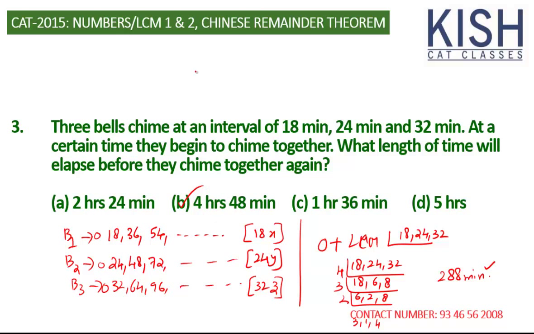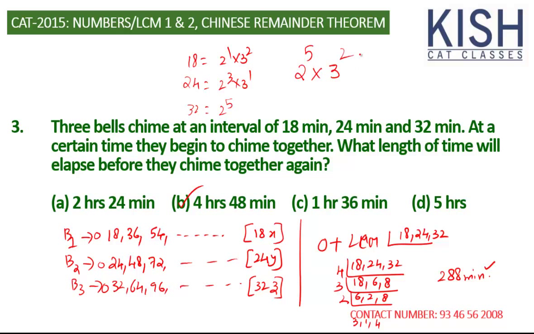Or else we can take the factors: 18 can be written as 2 power 1 into 3 square. The next one, 24, can be written as 2 cube into 3 power 1. 32 is nothing but 2 power 5. Now 2 is present and 3 is present. What is the highest power of 2 present? That's 5. What is the highest power of 3 present?